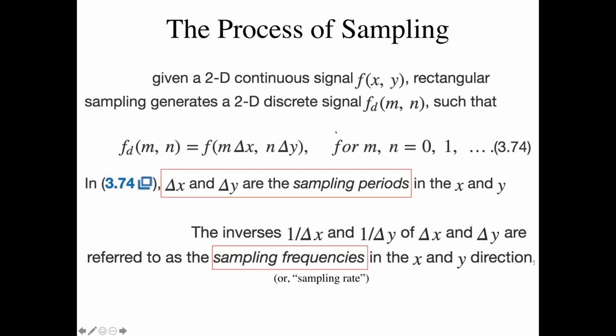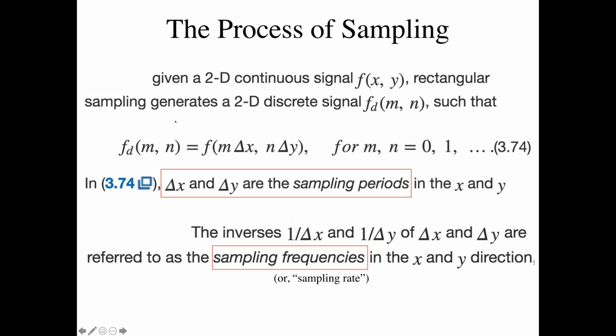But just to set up the arithmetic for how this is used, when you look at sampling in linear systems, you need to write down a function. So we have our continuous function f(x,y), and we want to generate a 2D discrete signal. Discrete meaning I just have basically a sequence of numbers, indexed by m and n, and that's going to represent my image f(x,y).